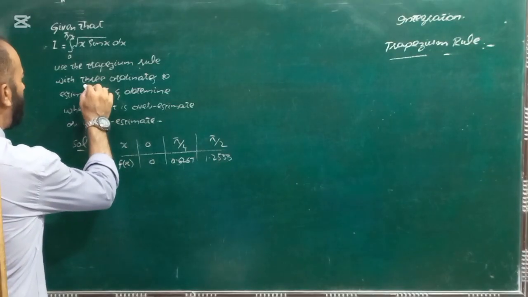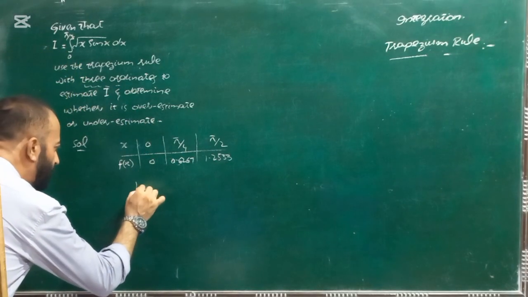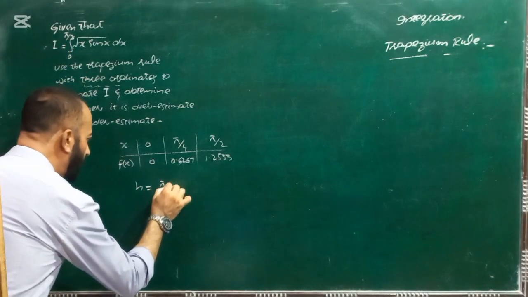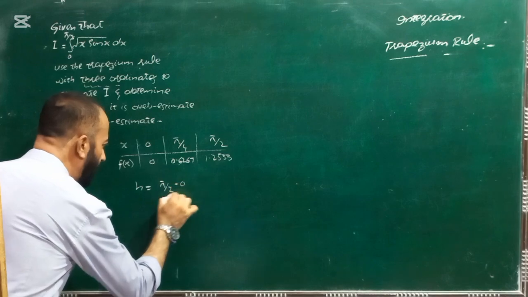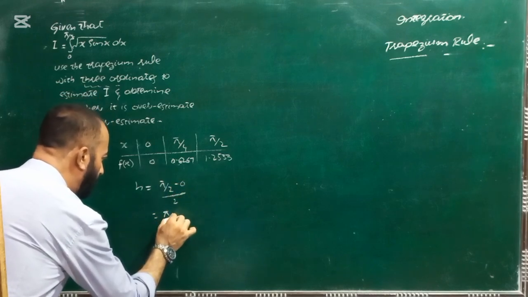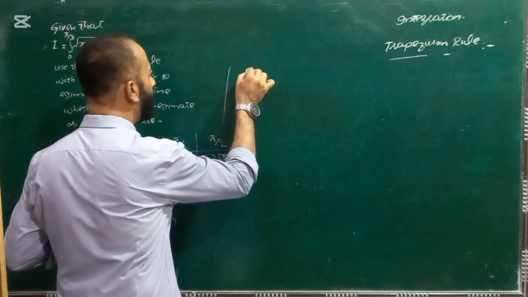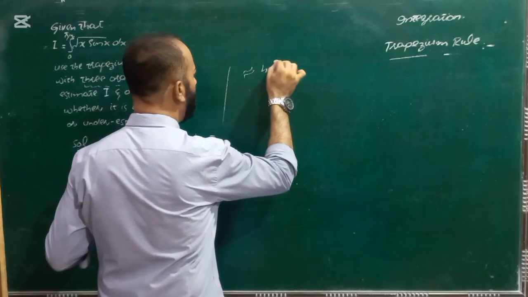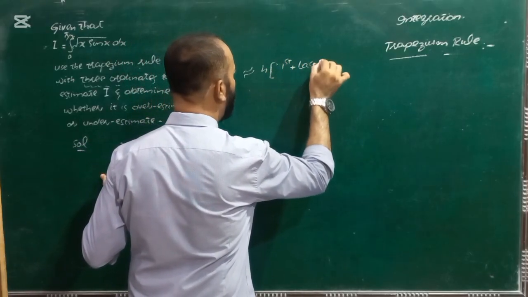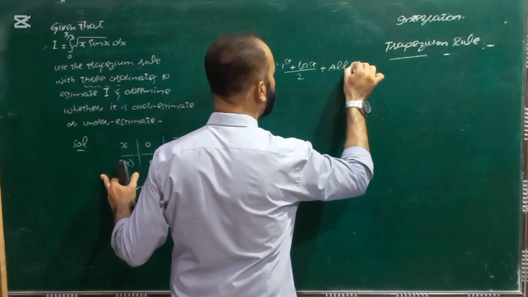Okay, and 3 ordinates. So here are 3 ordinates. It means 2 steps. So h will be equal to upper minus lower, pi by 2 minus 0 divided by 2. So it is pi by 4. So now putting these values into the formula. So h into first plus last divided by 2 plus all others.